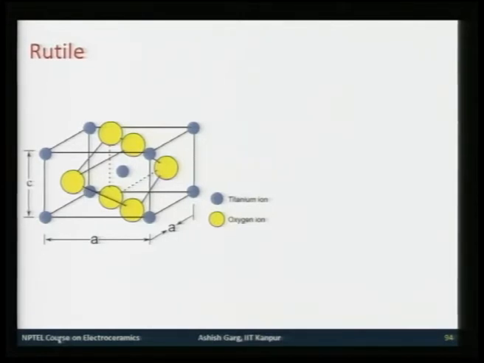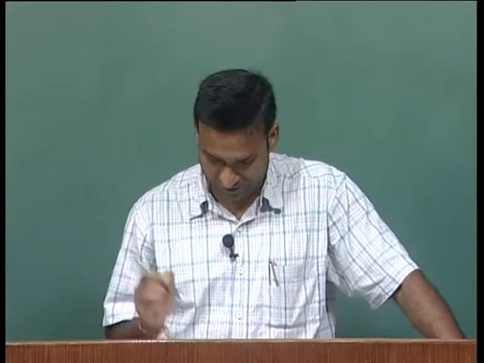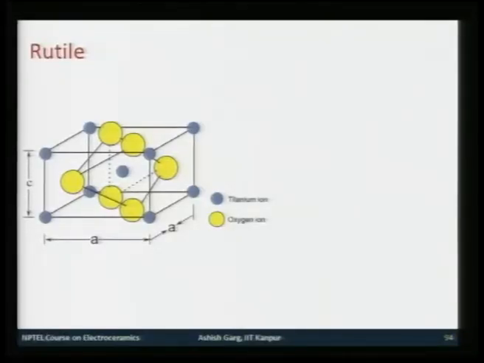So, you have a bottom layer of titanium atoms with oxygen atoms. So, you have the first layer of titanium, second layer of titanium, third layer of titanium. Between them you have oxygen either on top, below or under the layers. And if you just connect these oxygen atoms, they form an octahedra, and the center of this octahedra is occupied by a titanium atom.